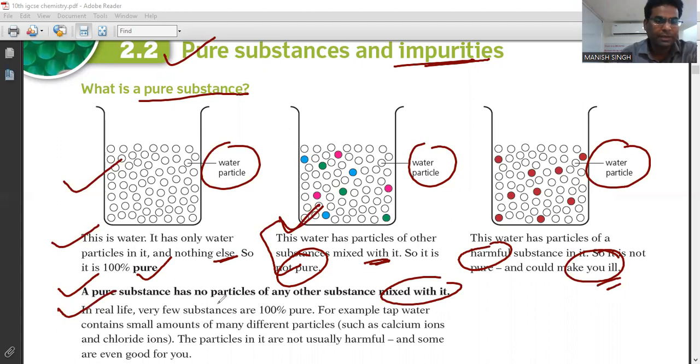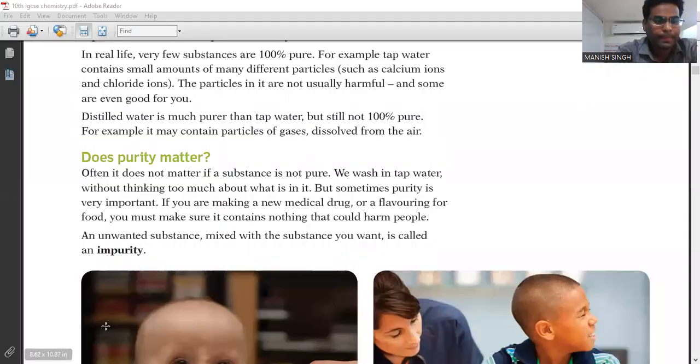In real life, very few substances are 100% pure.